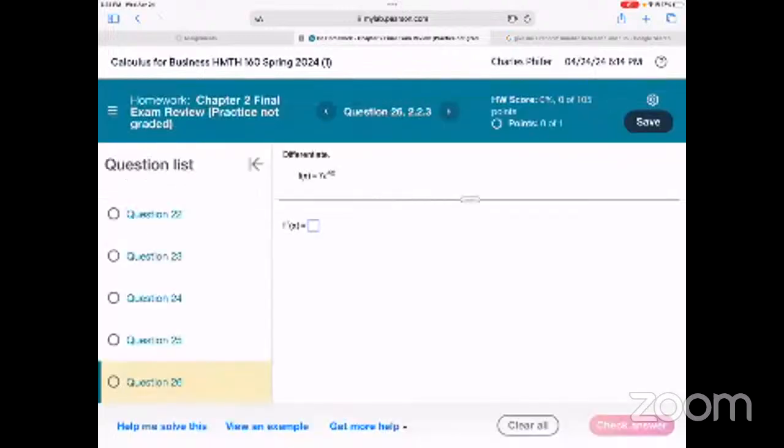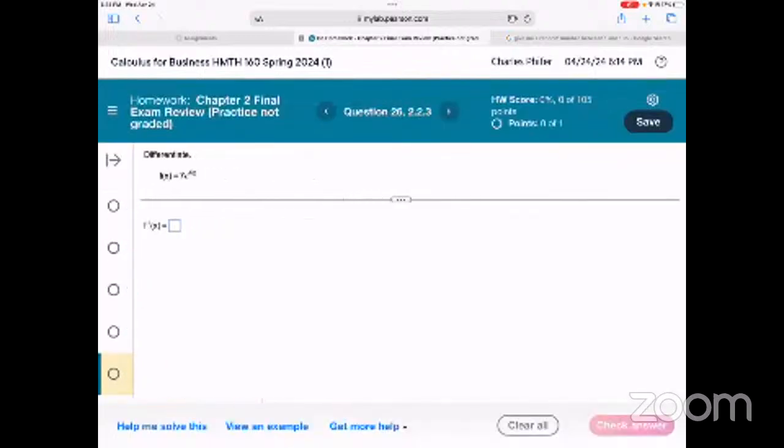So question 26 should come from chapter 2. It comes from section 2.2, question number 3, and we're asked to differentiate, right? We have 7e to the power of 4x. Remember, e is a special case. The derivative of e to a power is itself times the derivative of the power.